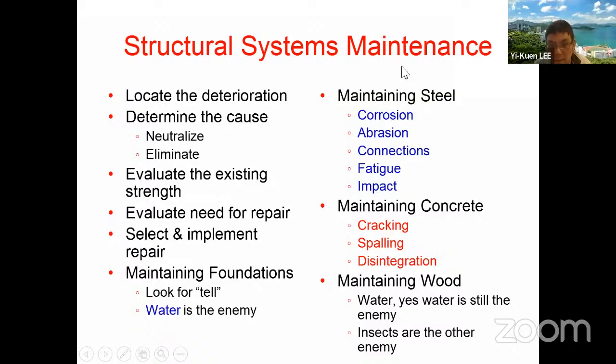Especially in Hong Kong, what's the issue? Well, Hong Kong is next to the ocean, right? Seawater may cause problems. In Hong Kong, we most likely have some typhoon every year, right?